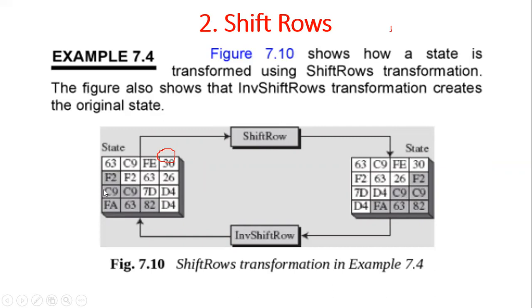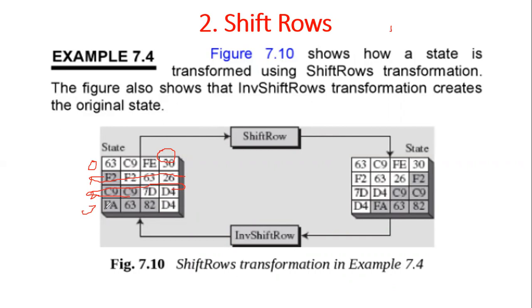This is row 0, this is row 1. Here C9 will go to the last, and so on.